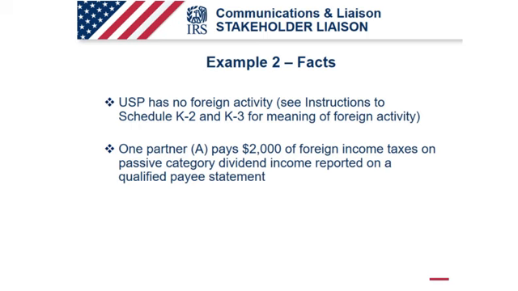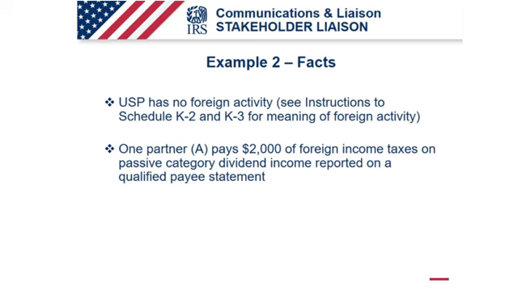In the second example, we're not going to talk so much about changing the amount of your foreign tax credit as we are going to focus on just being able to more accurately and correctly compute your foreign tax credit. And this is an example of why you're going to want the K-3 to find out your gross income share of the partnership.